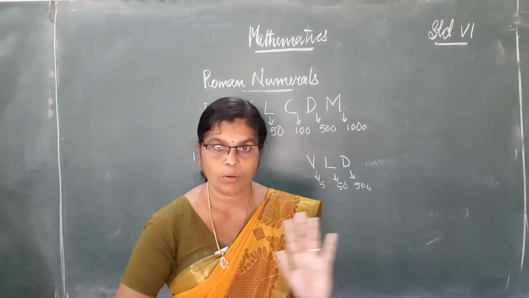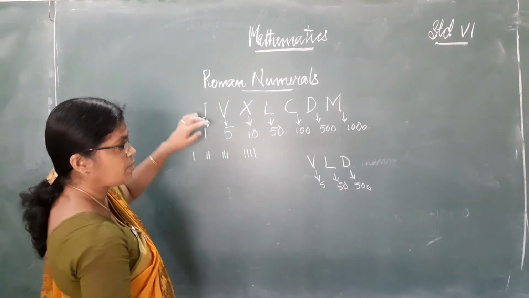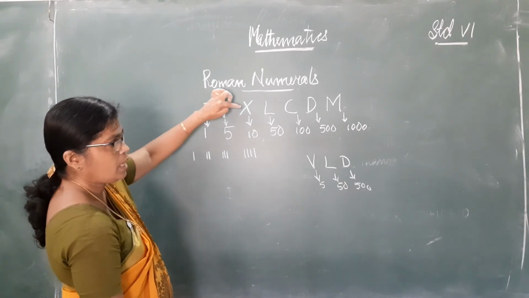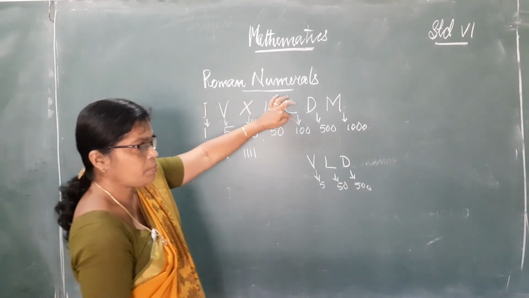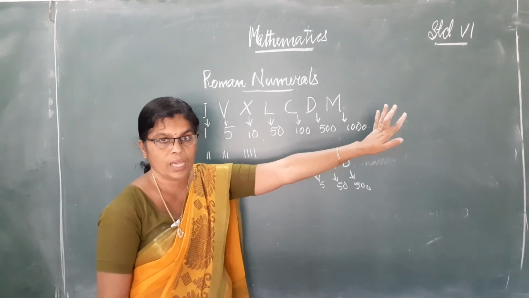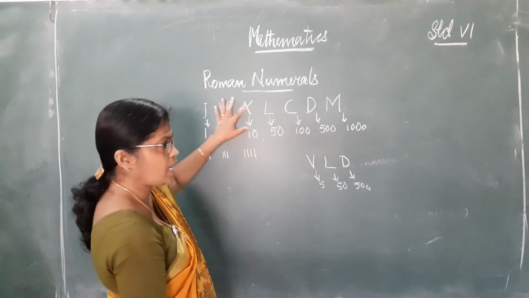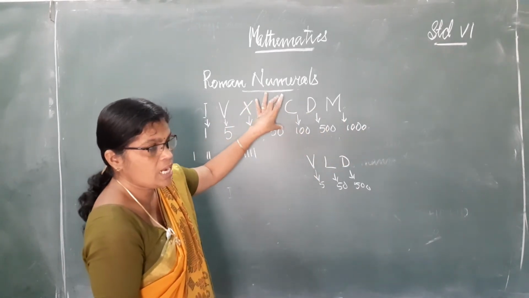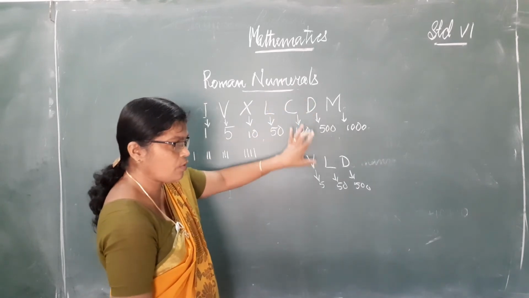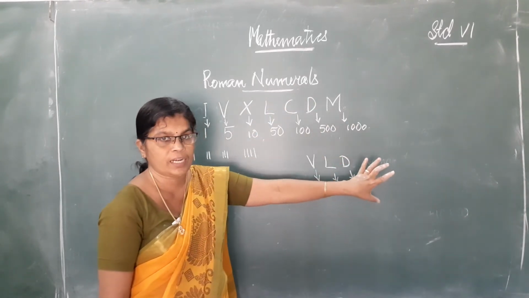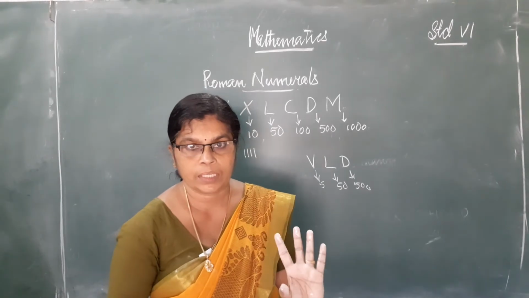These symbols cannot repeat, only other symbols can be. I can be repeated, X can be repeated, C can be repeated, M can be repeated. The symbols V, L, D, that is 5, 50 and 500, are never repeated.